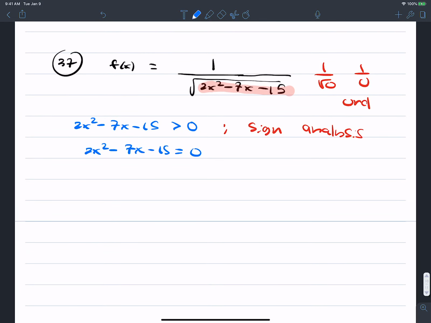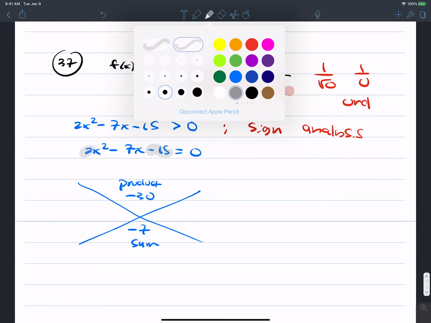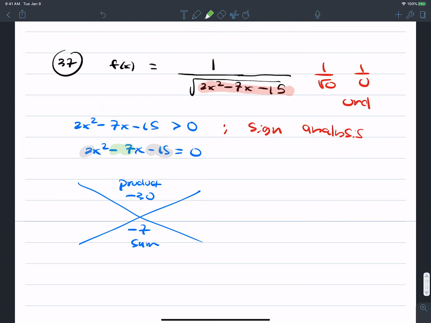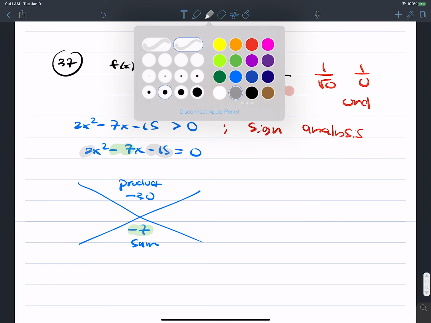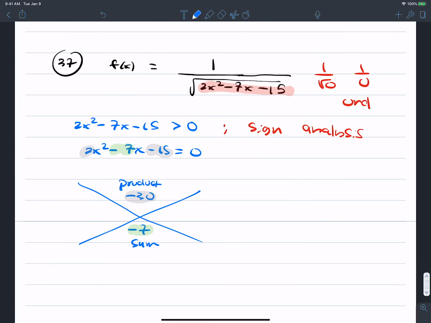By that factoring procedure, don't forget, the product has to be negative 30, and the sum is negative 7. So 2 times negative 15 is negative 30. That's what we're looking for. And that sum is negative 7. Here's the sum, here's your product. We need two numbers.